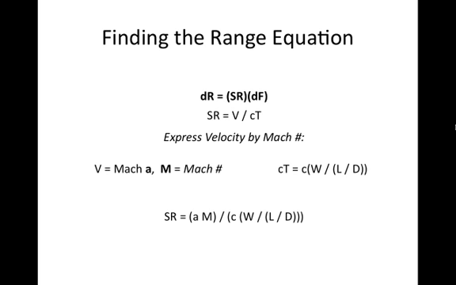So we're going to substitute all those in and come up with this new expression for the specific range, which, if you simplify it out, becomes the velocity of the aircraft over the specific fuel consumption times the Mach number times the lift over the aircraft's drag times the inverse of the aircraft's weight.